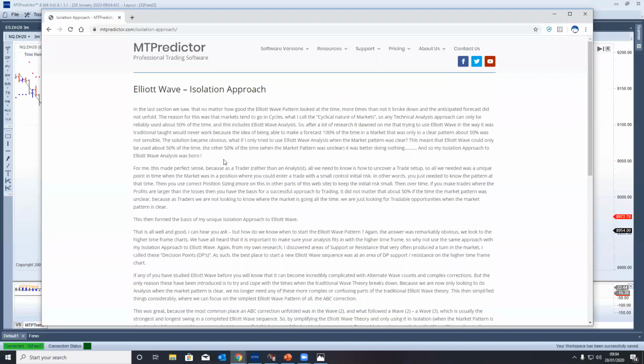What I basically say here is that about 50% of the time, markets are random, and about 50% of the time, markets are in a clear pattern. In other words, Elliott wave theory is great. The idea is that if you know where you are in a pattern, you can then predict where you're going. I mean, it sounds actually great.